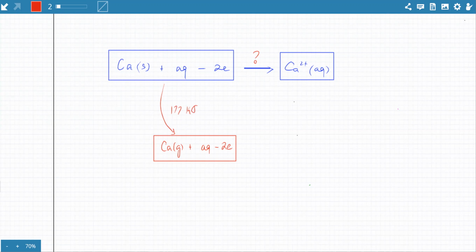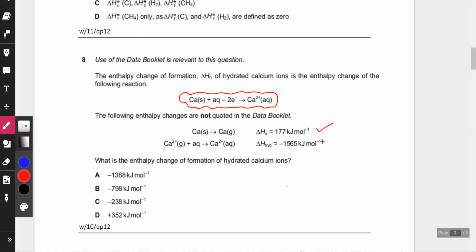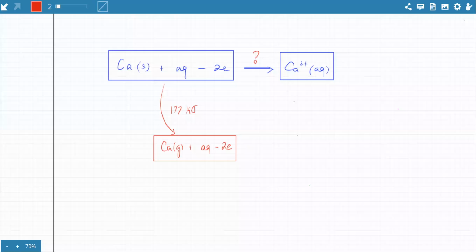Then you were given another reaction, the second reaction, in which calcium 2 plus aqueous was getting formed from calcium 2 plus gaseous ions. So you had calcium 2 plus aqueous over here, and it was getting formed from calcium 2 plus gas plus aqueous.